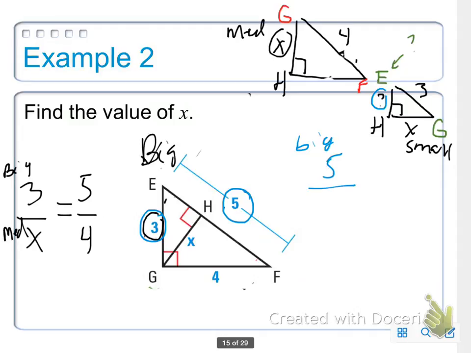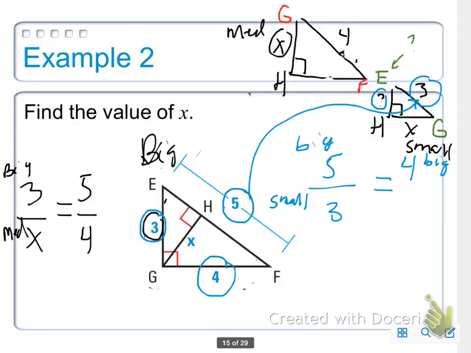It goes with 3 in the small triangle. And then I can do the same thing. I've got this 4 in the big triangle. It goes with x in the small one.